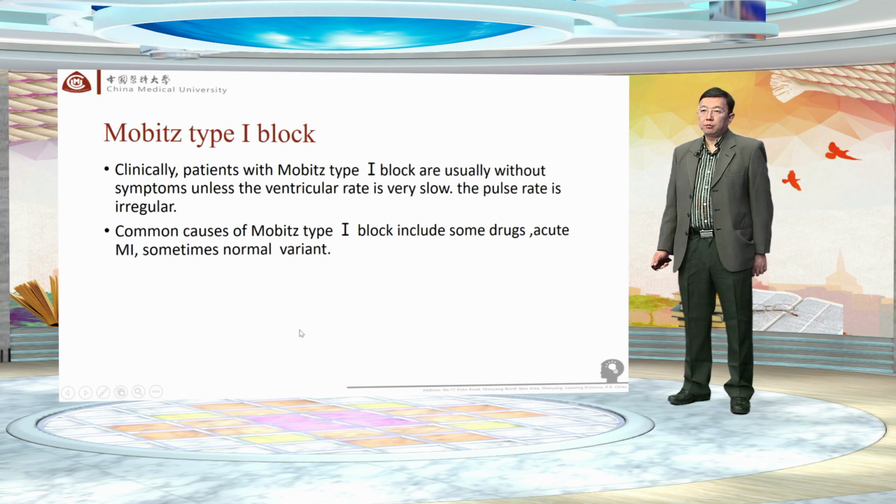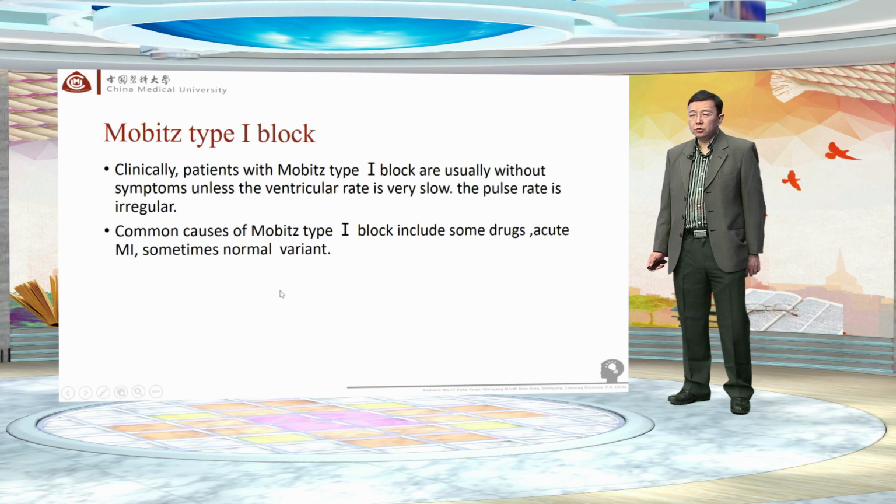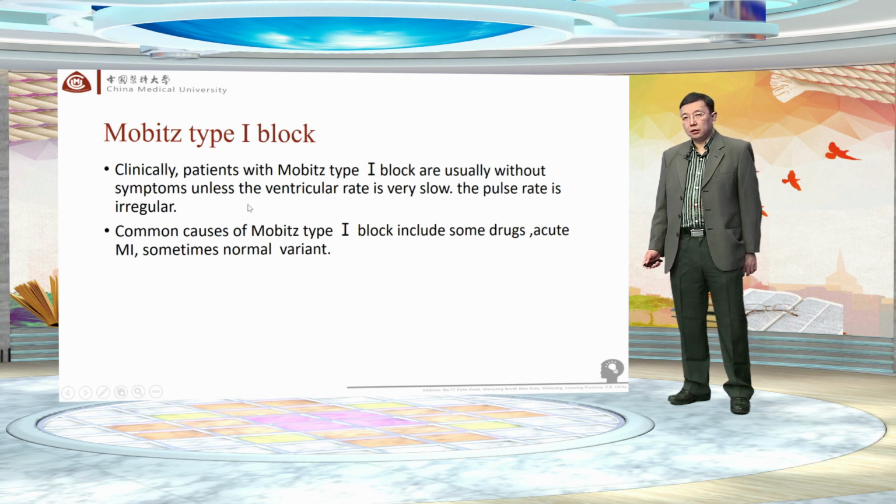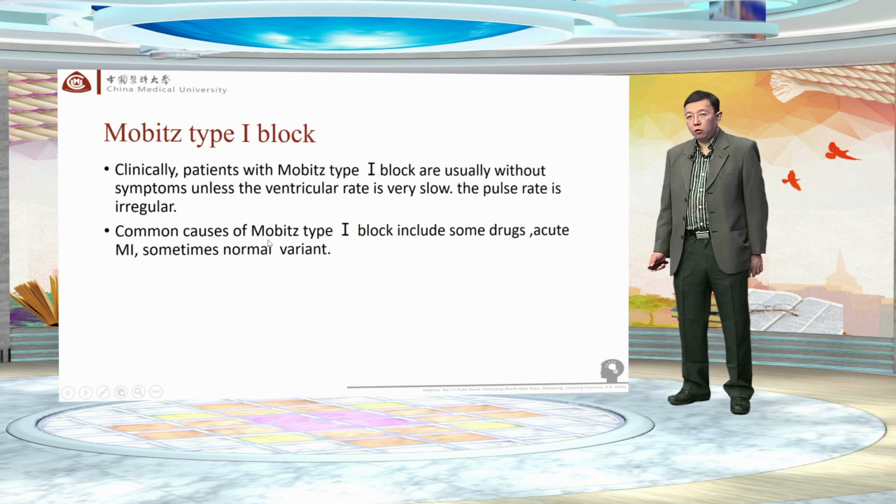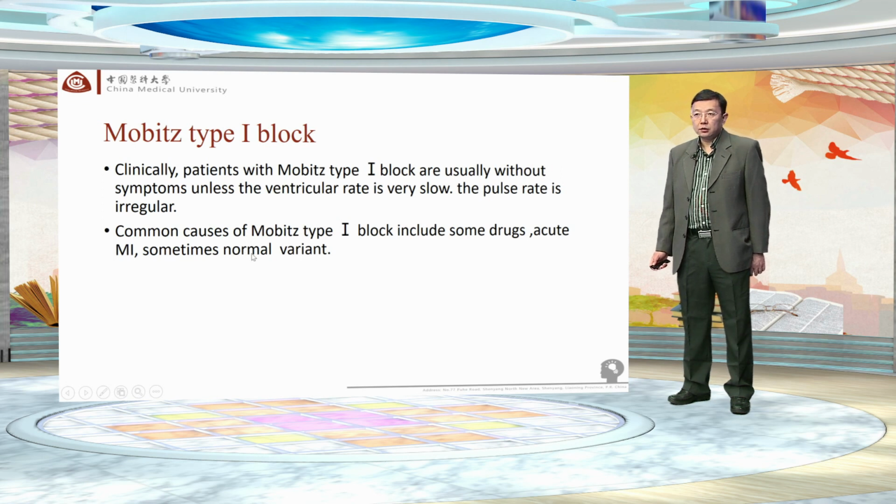Clinically, patients with Mobitz type 1 block are usually without symptoms. Usually this phenomenon appears when they are sleeping. But for some patients, this phenomenon appears during the day, and these patients may have some symptoms.